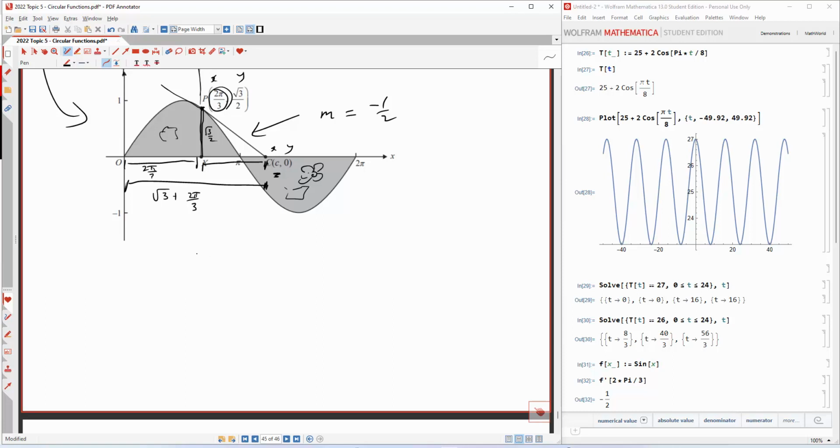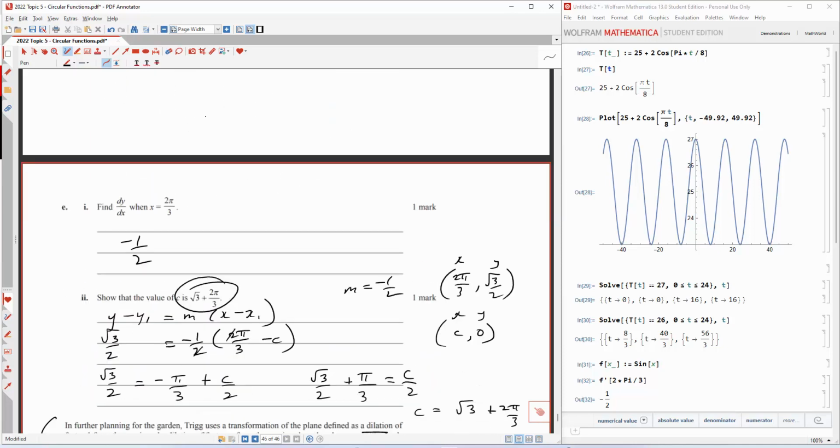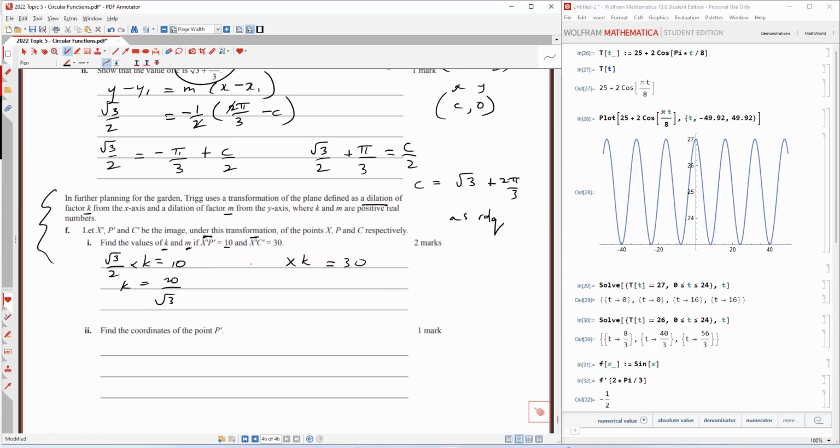So I know that that will be root 3 plus 2 pi on 3, take away this distance here, which is 2 pi on 3, leaving us with a distance, this line here must have, of just root 3. So let's go back down to what we were doing here. So we're going to take the distance, which is currently root 3, multiply it by some sort of factor, and we're going to get the answer to be 30. And the factor must be 30 over root 3.